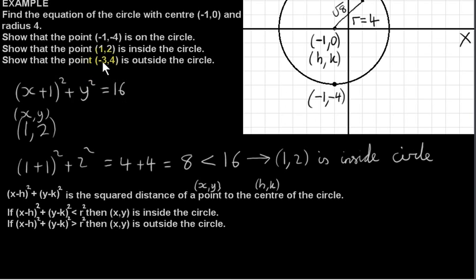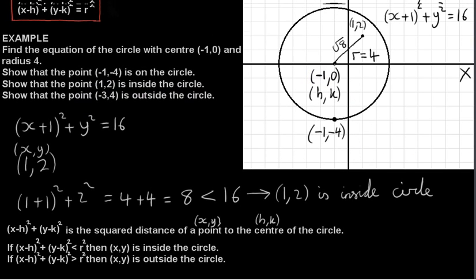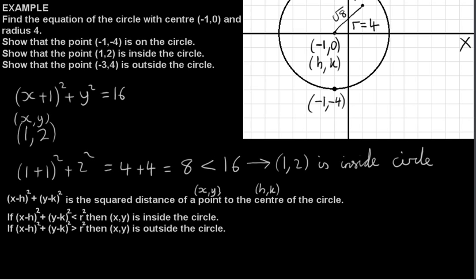In the last question, we're going to show that the point (-3, 4) is outside the circle. We could do it by plotting the point on the graph, but we're going to use the equation of the circle. We plug (-3, 4) into the left-hand side of the equation of the circle. For x, we have minus 3, then the rest of the equation is plus 1 squared plus y squared.